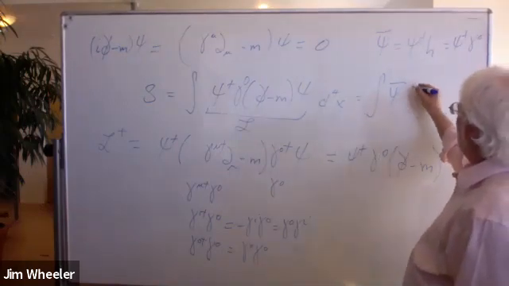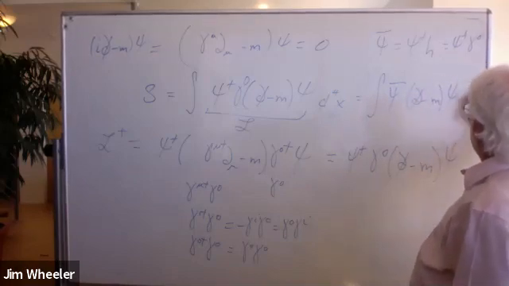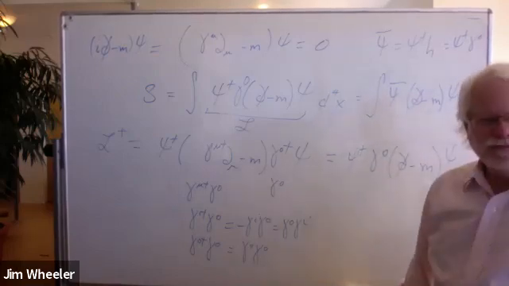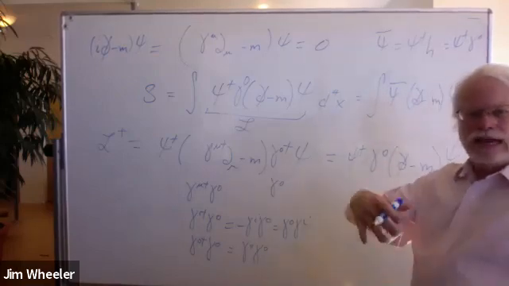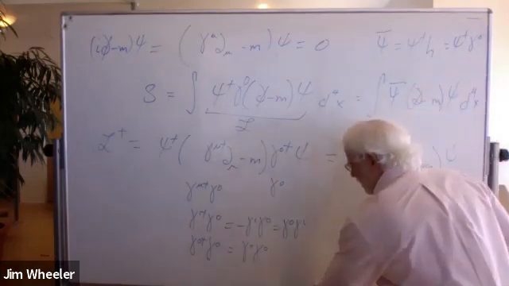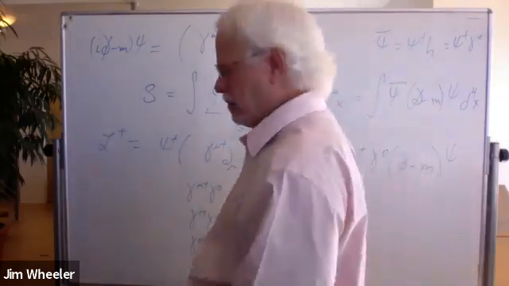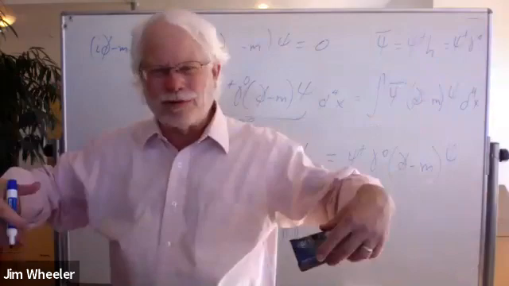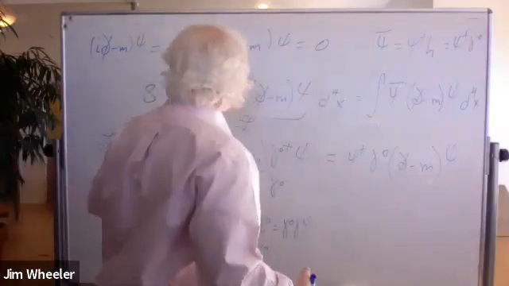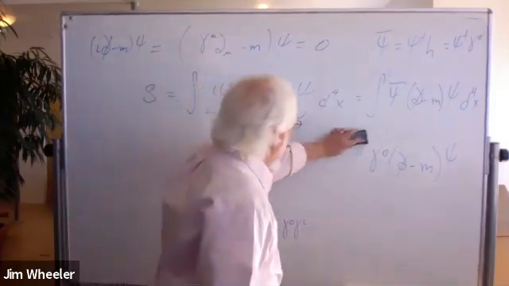So now we have d slash minus m psi as the Dirac action. So that's real. So we have consistency between what we get when we vary psi, the other version of the Dirac equation, and what we get when we take the complex conjugate of this Dirac equation. So let's see what happens.